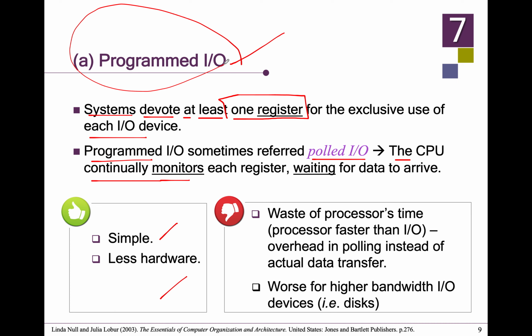For the disadvantages, it wastes the processor's time, since the processor is faster than I/O. There is overhead in polling instead of actual data transfer. Second, it is worse for higher bandwidth I/O devices. So these are the disadvantages of program I/O.